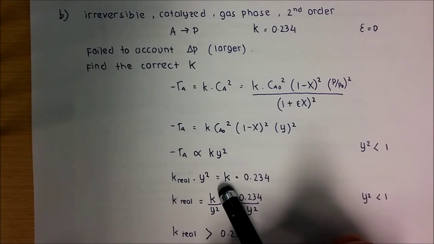If we plug in the numbers, we're going to have 0.234 over y squared. And since we know y squared is less than 1, then k real is going to be bigger than 0.234.